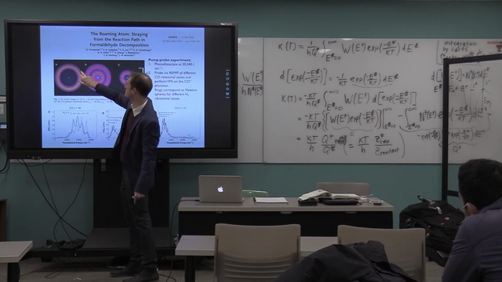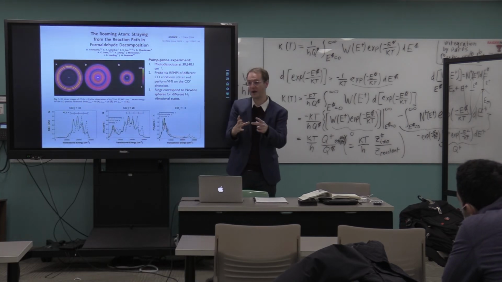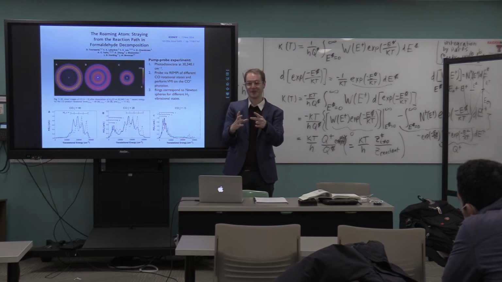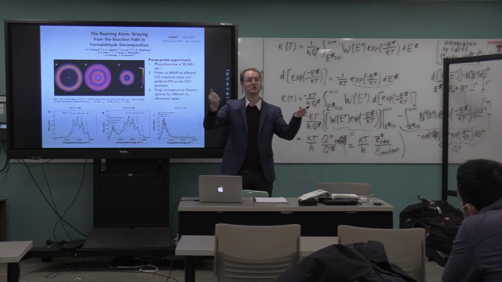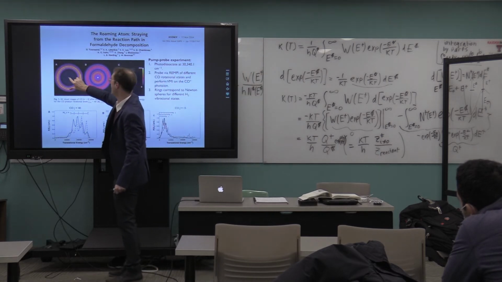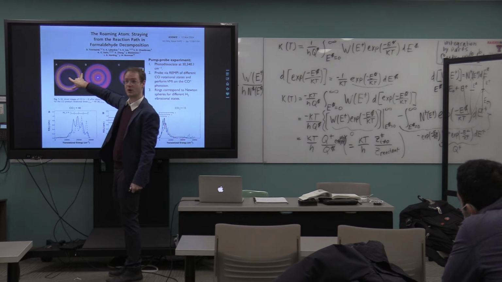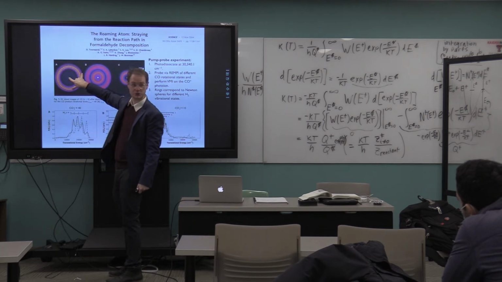Each of these different rings in this image corresponds to a different Newton sphere, which corresponds to a different amount of total energy available to translational energy of the CO and the H2. If you have a high amount of energy in the CO, that means there's a very low amount of internal energy in the H2.